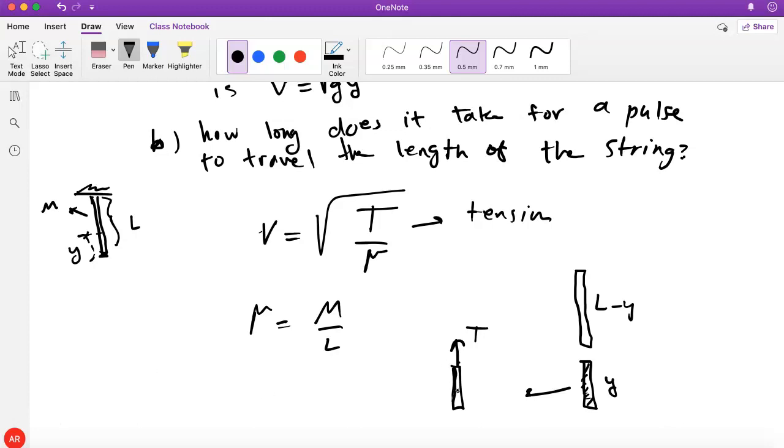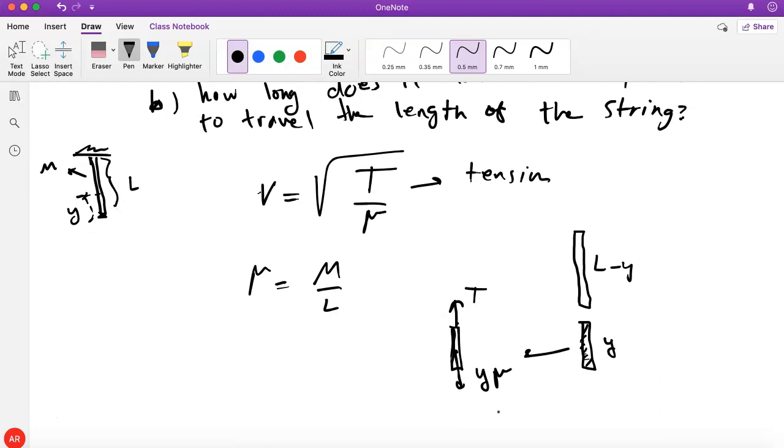And then there's the weight of this piece, which is its mass, and its mass is y times mu. Mu is the linear mass density, how much mass you have per unit length, which is the total mass divided by L, and you multiply that by the length of this piece to find its mass, and of course times g, so that's the force of gravity on this piece. And if the rope is just hanging, T is y mu g.